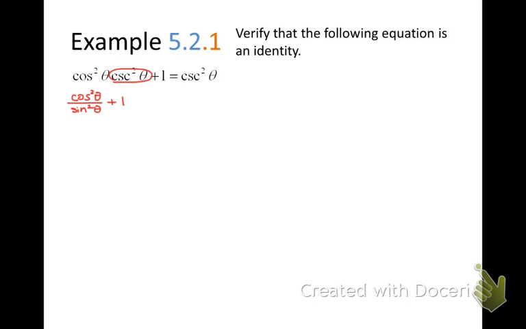Yep. You can multiply. Don't work on both sides. Just work on that one side. Assume that you don't have another side to multiply to. That's the cotangent squared, right? And now what do you see?